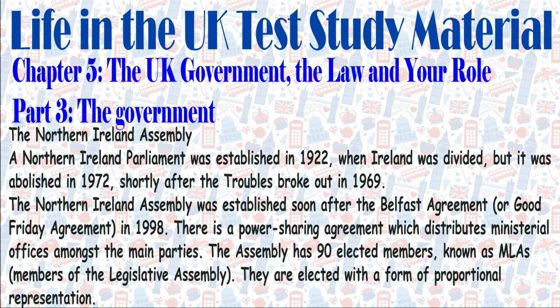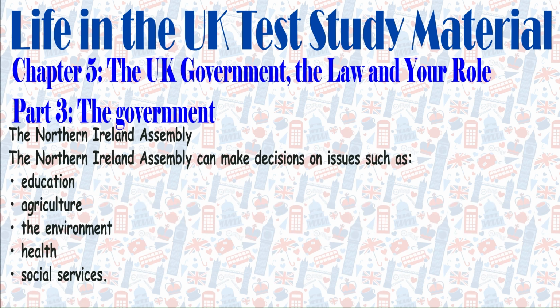The Assembly has 90 elected members, known as MLAs, members of the Legislative Assembly. They are elected with a form of proportional representation. The Northern Ireland Assembly can make decisions on issues such as education, agriculture, the environment, health, social services.